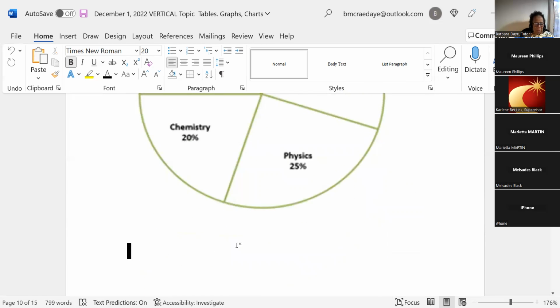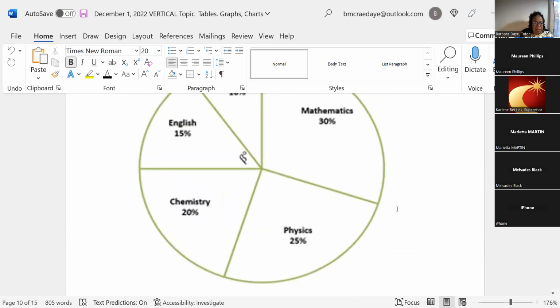I'll just put here that 670 is the total of all books. So give me the number of math books. 30%. So what's the number of math books and how do you find it?